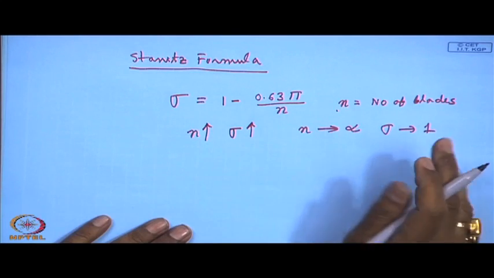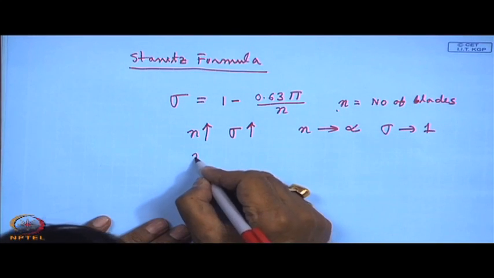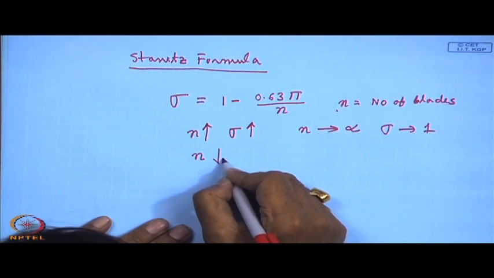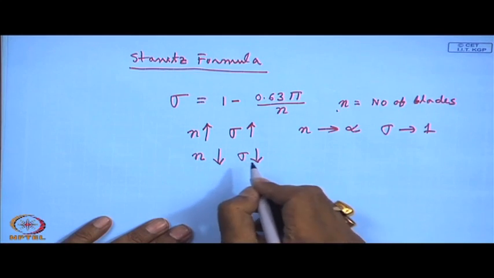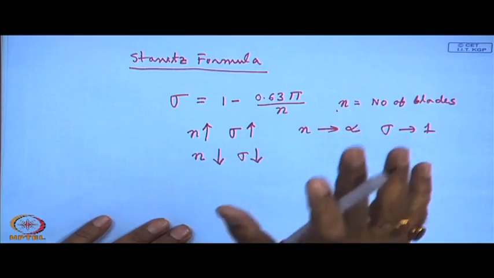That means if you make small streams, or more blades, an infinite number of blade passages, then slip will be almost totally reduced. On the other hand, when the number of blades is decreased, sigma will be much lower than 1, and there will be a much greater reduction in the energy imparted to the fluid.